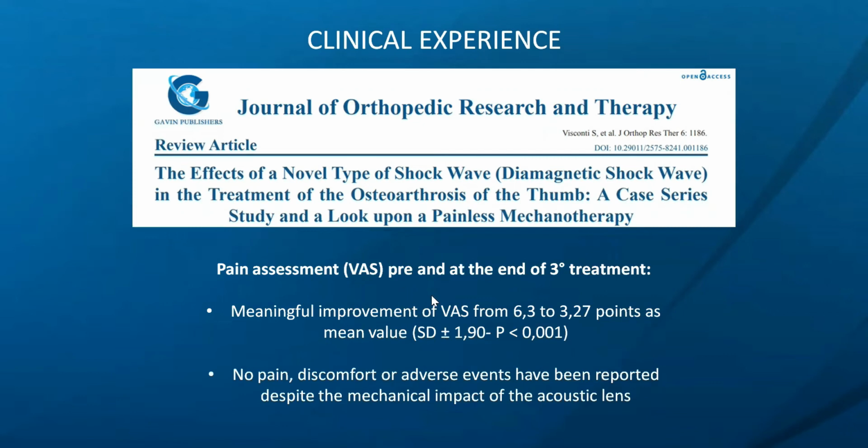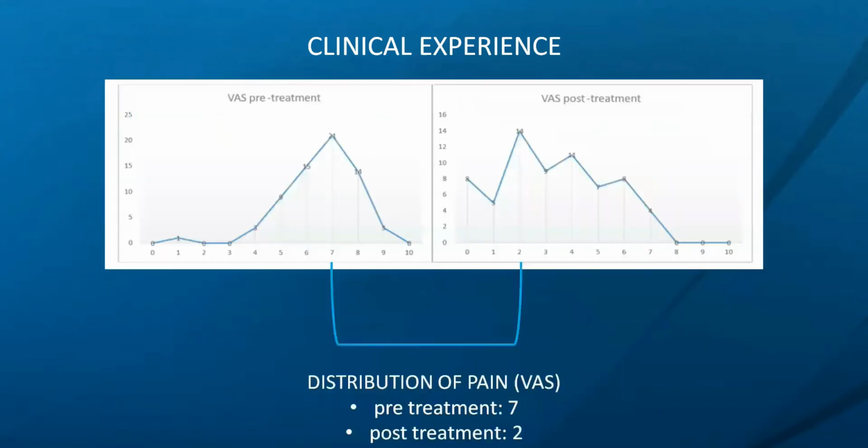In the pain assessment, we have a meaningful improvement of the score by half at the end of the third treatment, but no pain, discomfort, or adverse effect during the 3 series of treatments to the patients, despite the mechanical impact of the acoustic lens.